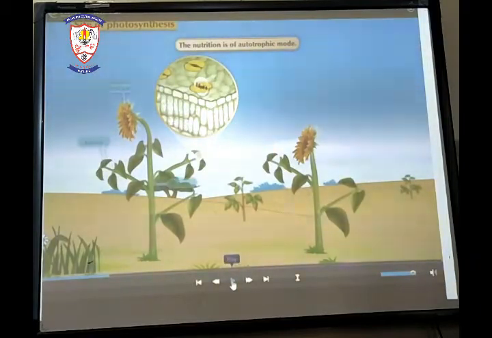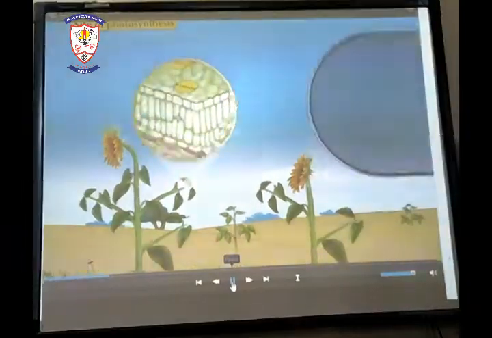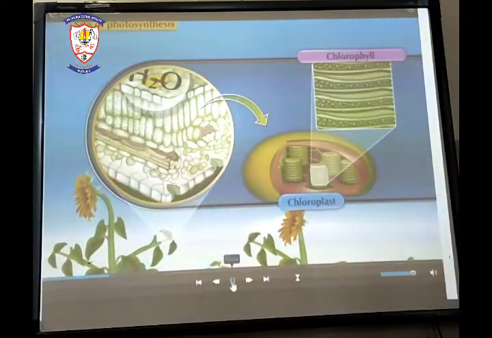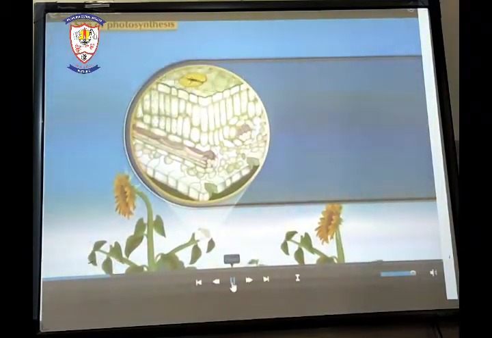Here we can say that the nutrition is of autotrophic mode. And also you can say that photosynthesis occurs in the chloroplast where chlorophyll is present.